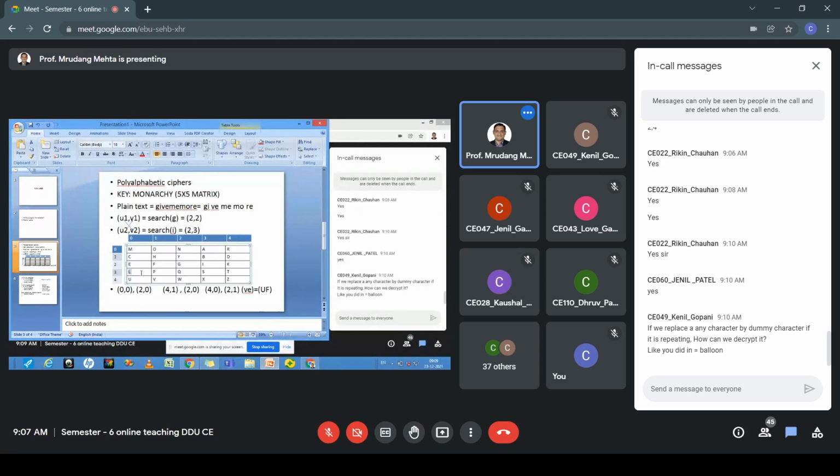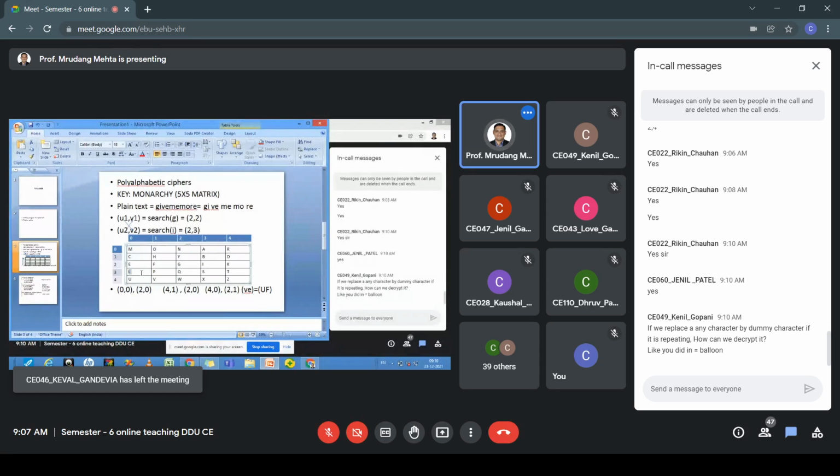Any question? If we replace any character by a dummy character, if it is repeating, how can we decrypt it? That is what I am telling you. In the first attempt, you don't consider this complexity, because when you perform decryption for such a text, removing or identifying the dummy character is not straightforward, right?